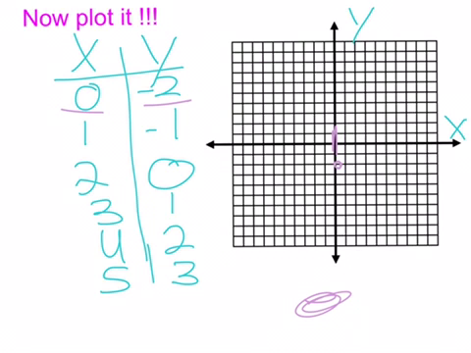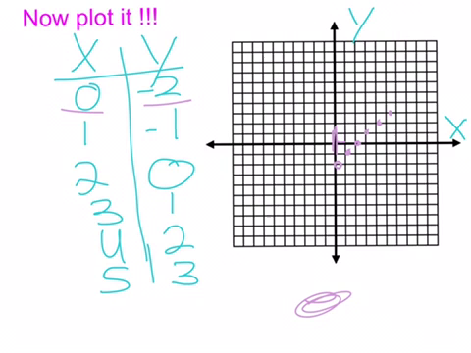Then for 1, it will go across 1 and down 1. Then across 1, and it will stay there because that was 0. Then go over 3, up 1, go over 4, up 2, go over 5, up 3.